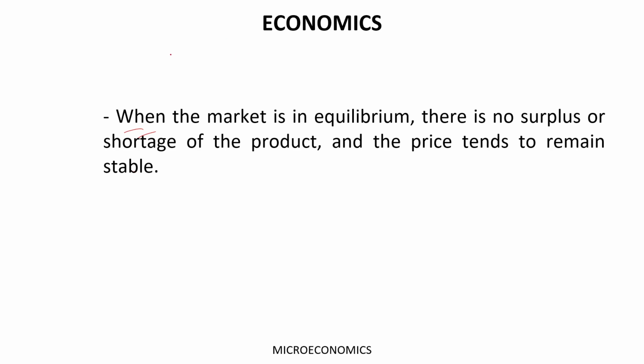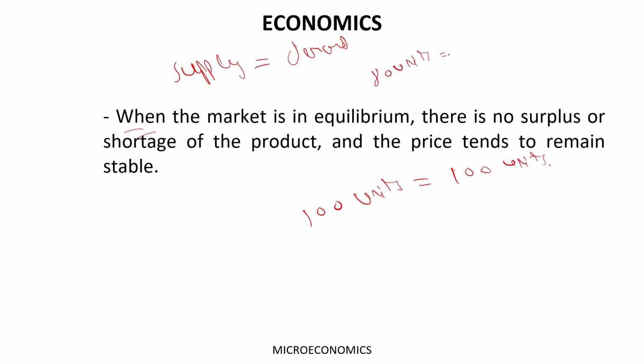As I have told you, supply is equal to the demand, or you can say if 100 units are supplied, then there is a demand of 100 units. It's not that only 80 units are supplied and the demand was 100 units. Then there is a shortage.